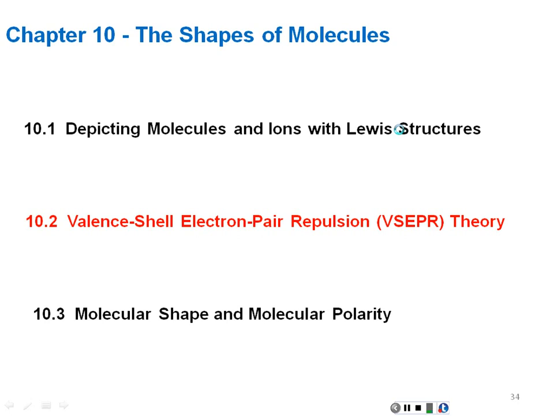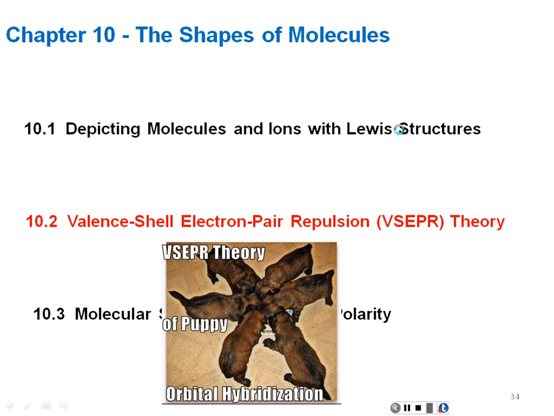Moving on to section 10.2, and now we're going to start to talk about VSEPR theory, or valence shell electron pair repulsion theory. Here's a kind of funny way for you to remember what VSEPR theory is: electron pairs tend to repulse each other, so they spread out to fill the maximum amount of space.